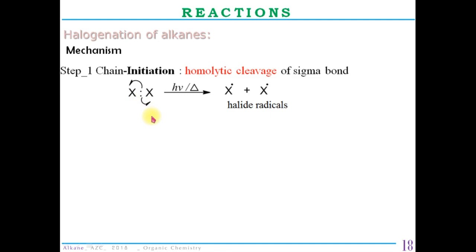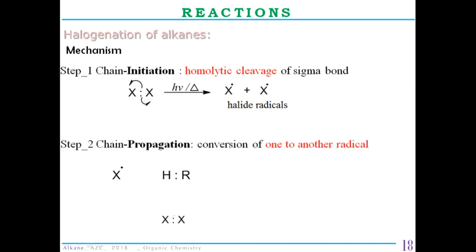Free radical reaction mechanism is always explained by fishhook arrows, which indicate transfer of single electron. So over here, homolytic cleavage of sigma bond gives two radicals of halide, that is halide radicals.